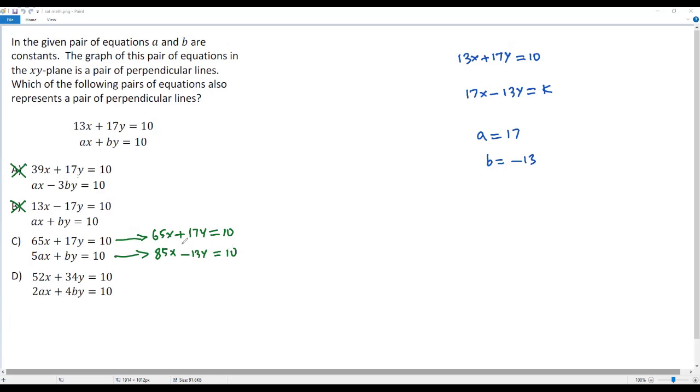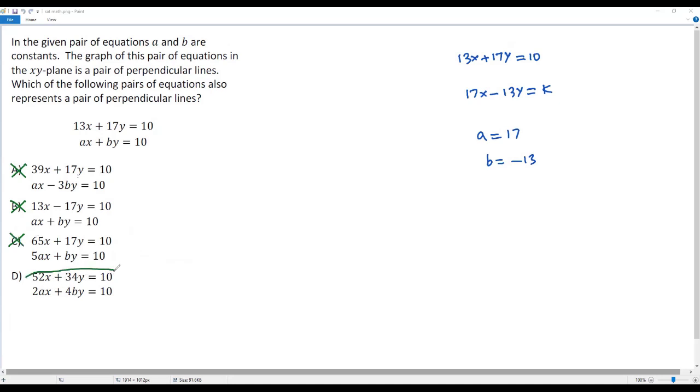Again the same thing: we have to consider the number in front of y. It should be taken as the coefficient of x. If I take this one as the coefficient of x, I must have 17x over here. But here we have 85x. So even in the first step itself, we don't get it correctly. So we cannot consider the pair of lines in answer choice C as perpendicular. We can reject answer choice C.